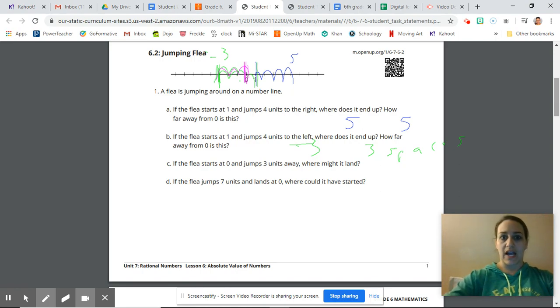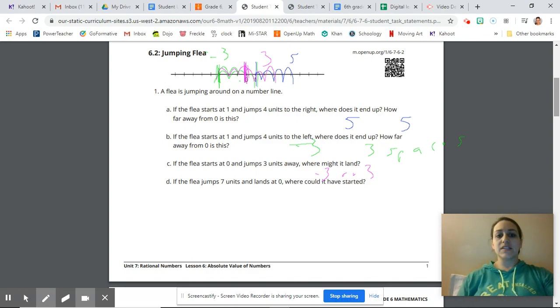However, if I start at 0 and hop 1, 2, 3 spaces to the right, I would be ending up at +3. So depending on which direction this little flea hops is going to vary in his value. So where might it land? It might land at -3, or it might land at +3.